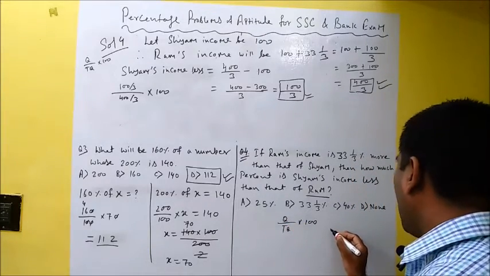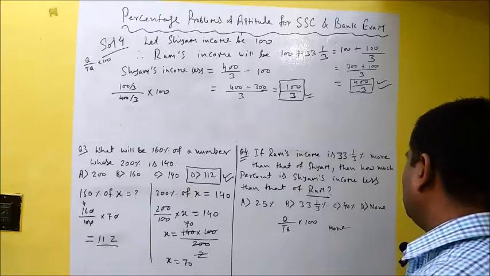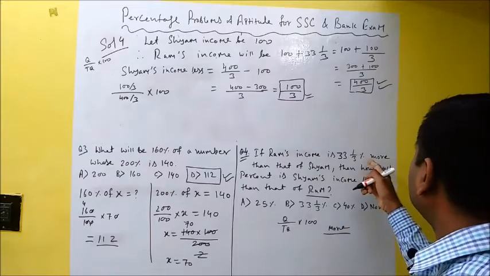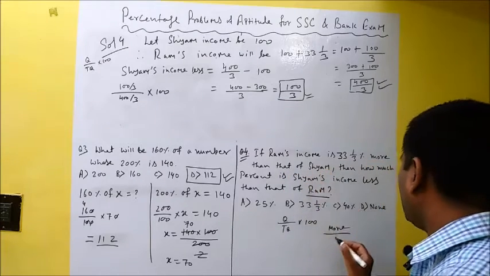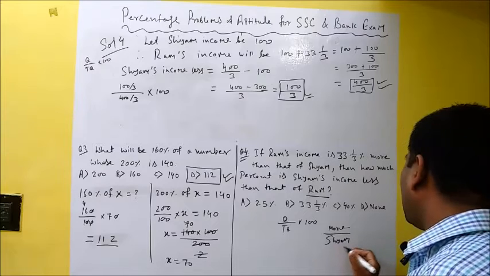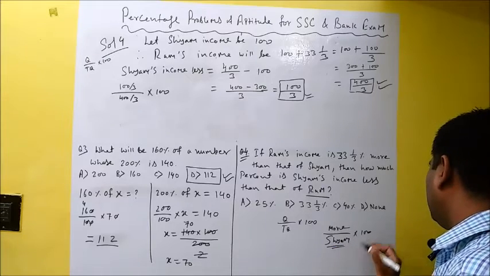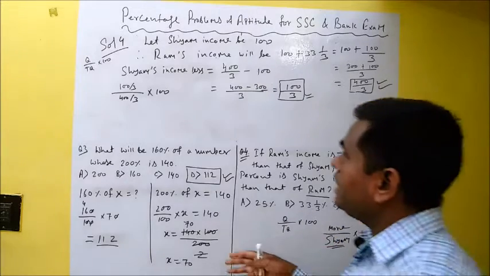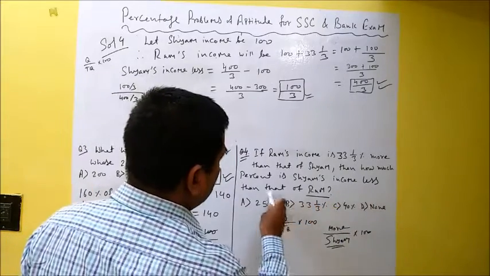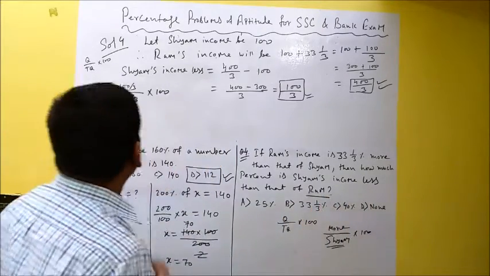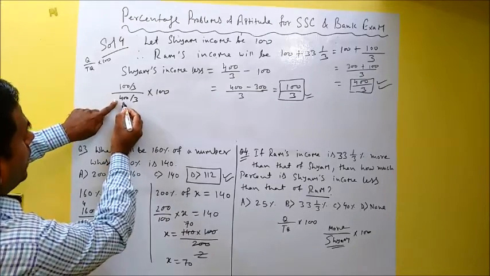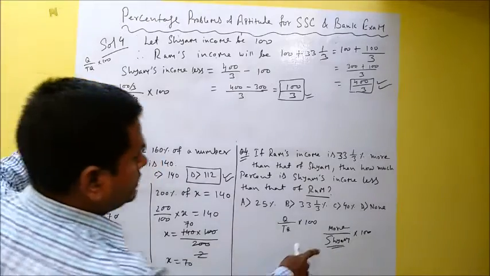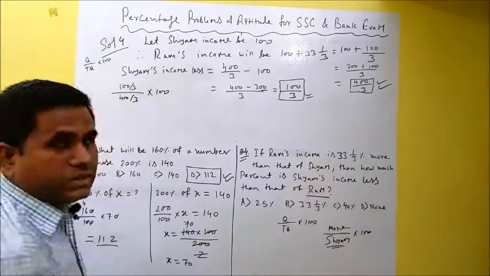The quantity is how much more Ram's income is than that of Shyam, and the total quantity is that of Shyam, so Shyam's total income comes to 100. But this is the increase in the salary. When we are calculating this less income, the basis given is Ram's salary. Since the denominator is not the same, this answer cannot be the same.